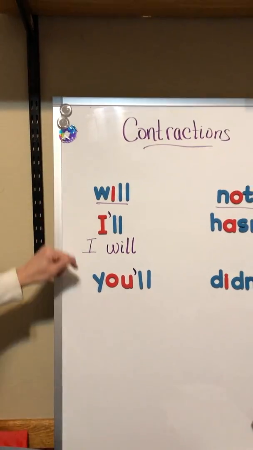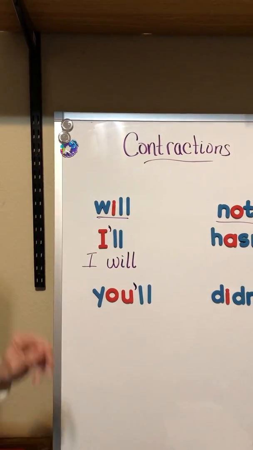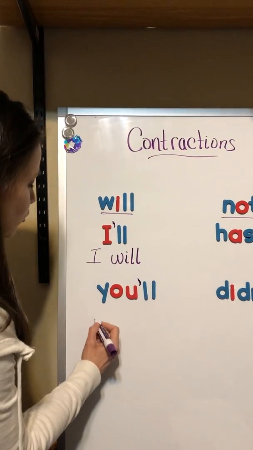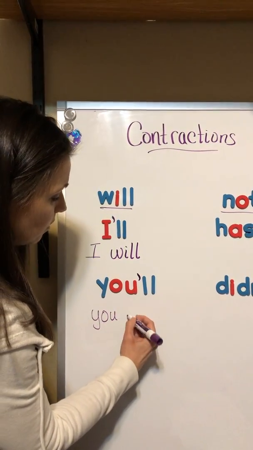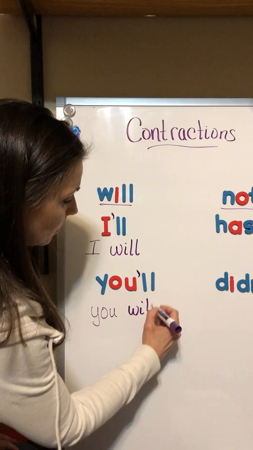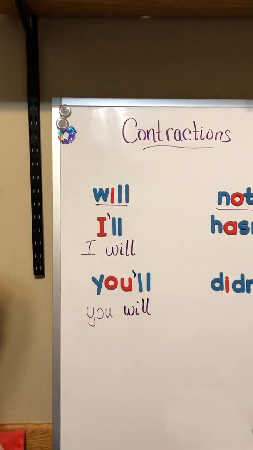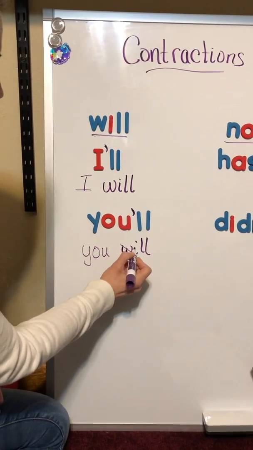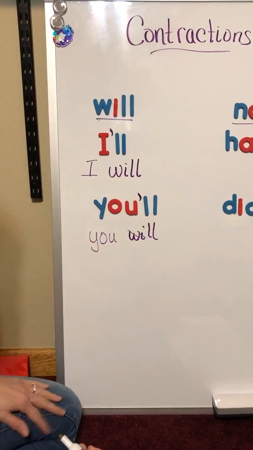Another contraction using the word will is you'll. Okay? And the two words that make up the contraction you'll is you will. Now when I make that contraction, the apostrophe replaces the two letters W and I, and then I squeeze them together to get to my contraction.